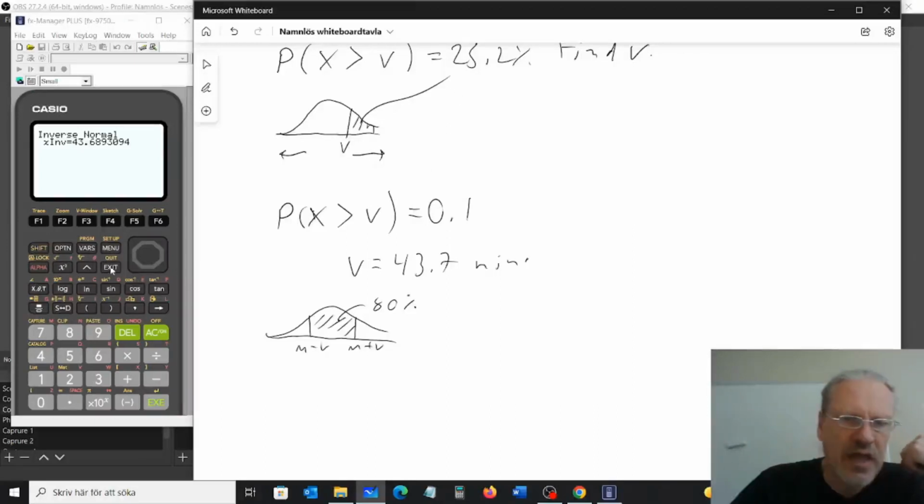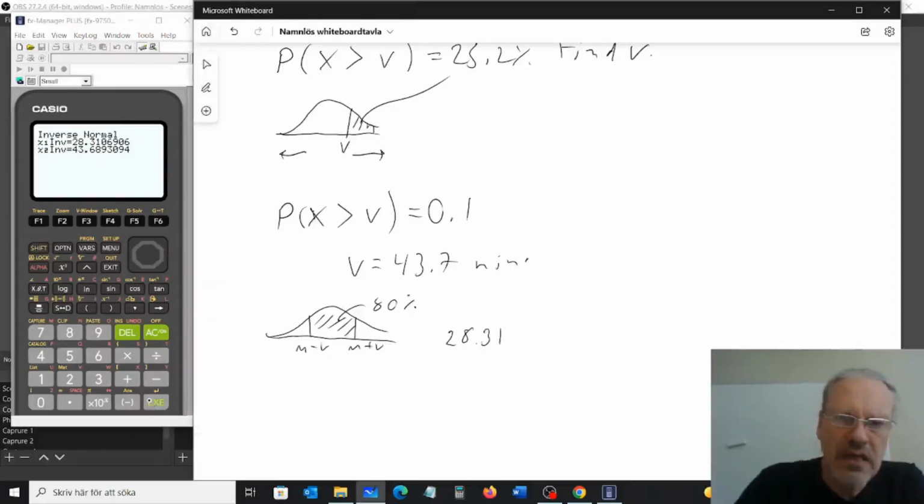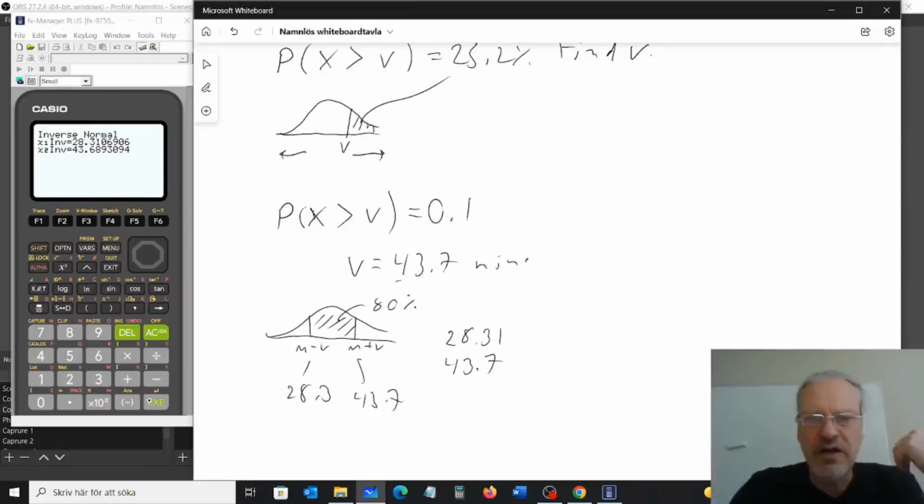We go in here again, change this to center, change our probability to 0.8, and keep the values we had before. We find that it will be 28.31 and 43.7. So those are the two values, 28.3 and 43.7. Oh, that's the value we found up here, right?